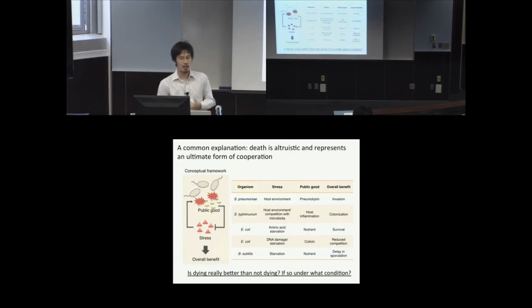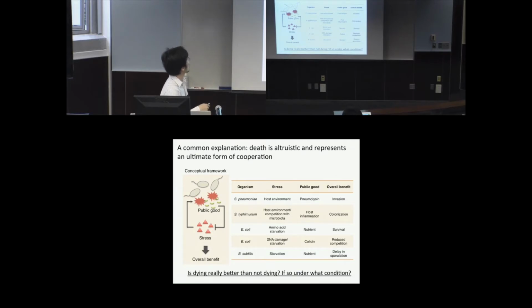If you look at natural systems, there are quite a few examples of programmed cell death. A common explanation of why they do this is that death is actually altruistic, and it represents the ultimate form of cooperation. On the left, I'm showing a general framework.